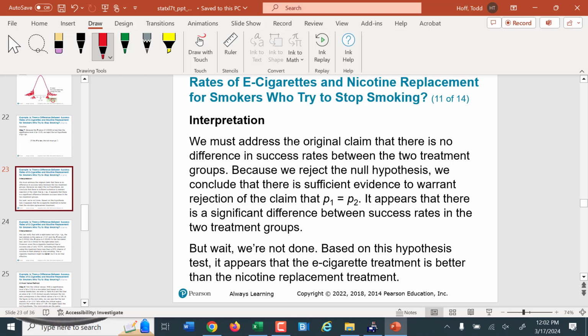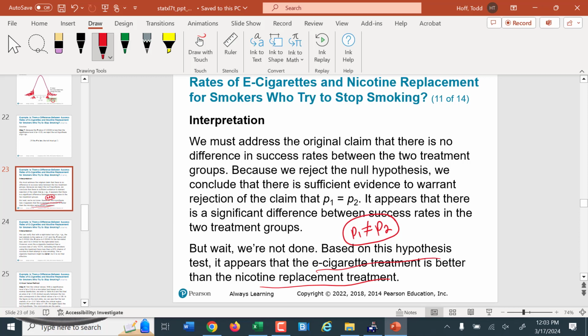Now here's a spot where this textbook gets sloppy. The alternative hypothesis is that the proportions are not equal. So to a technical statistician, that's as far as we can go with our conclusion. There is sufficient evidence to reject the null hypothesis, so we conclude the proportions are not equal. Well, this book goes on to say that it appears that the e-cigarette treatment is better than the nicotine replacement treatment.